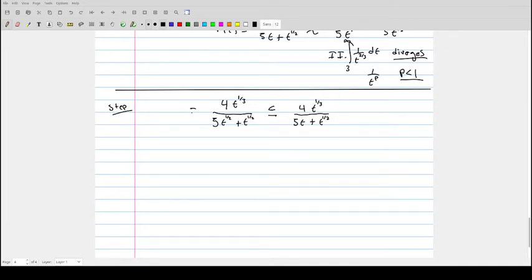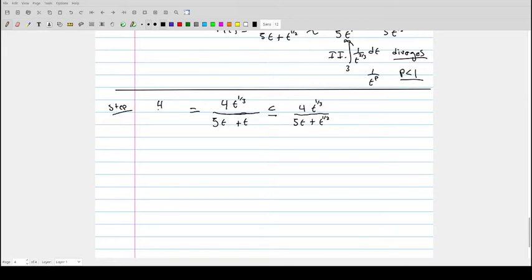5t to the 1 plus t to the 1, or 5t, which is this right here. So it's the same thing for this part of the denominator, plus, and we're going to replace t to the 1/2 with just t, because for any suitable value of t on the interval from 3 to infinity, t is going to be a larger value than the square root of t, which is going to make this function smaller than the original function, because we're dividing by a larger number.